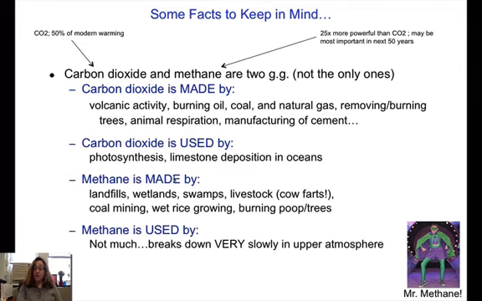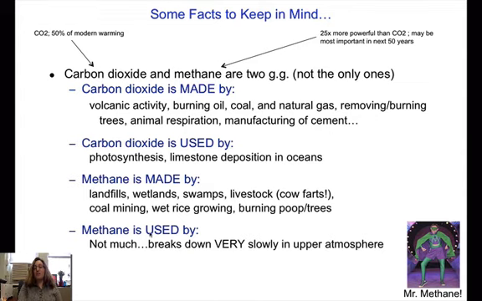Methane is made or put into the Earth's atmosphere in landfills, wetlands, and swamps, through livestock, because of the gas that the animals emit, through coal mining, as we're growing rice, and through the burning of feces, as done in some countries, or trees, often for heat or cooking.